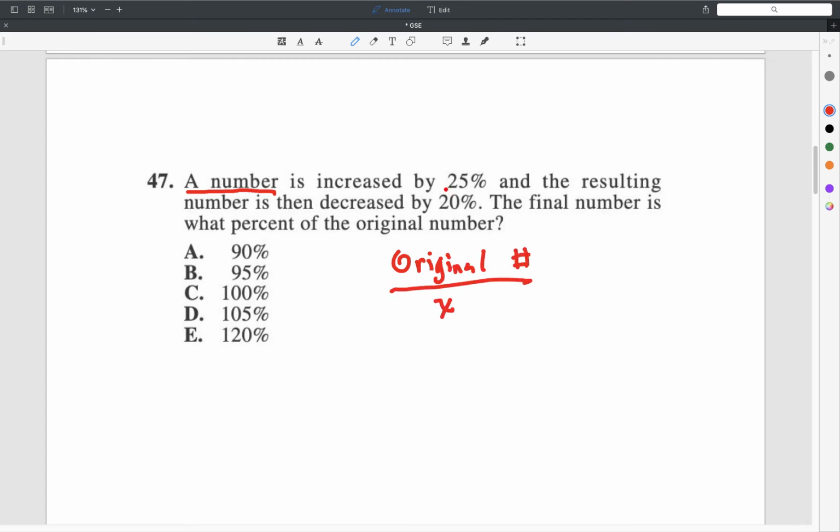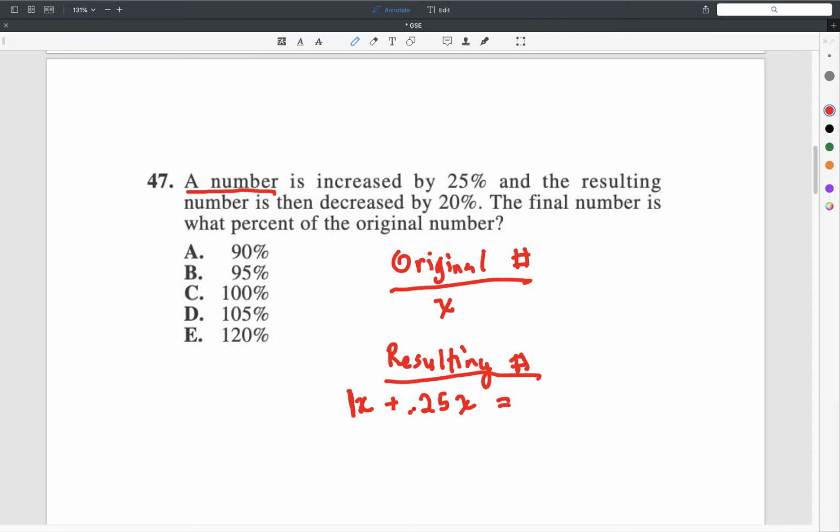Okay. And if we're going to increase it by 25%, one way to express that algebraically is x plus 0.25x, right? And we can combine like terms here. You can imagine there being a 1 in front of that x.